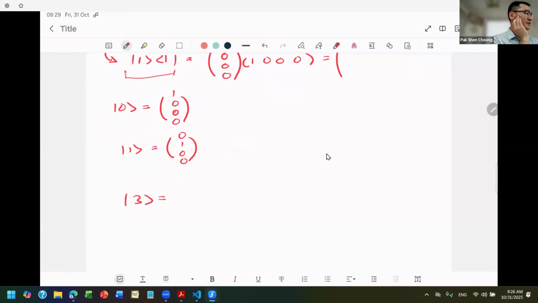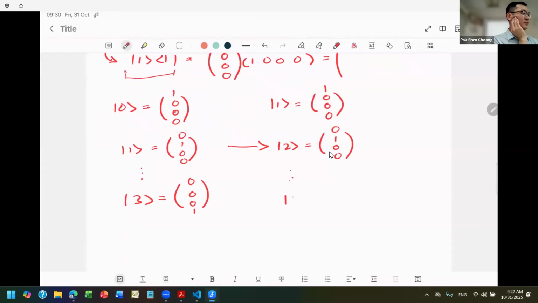Because I bump up all the index, all these things become 1, 2, and so on until the fourth one, which will be 0, 0, 0, 1. Is that okay?